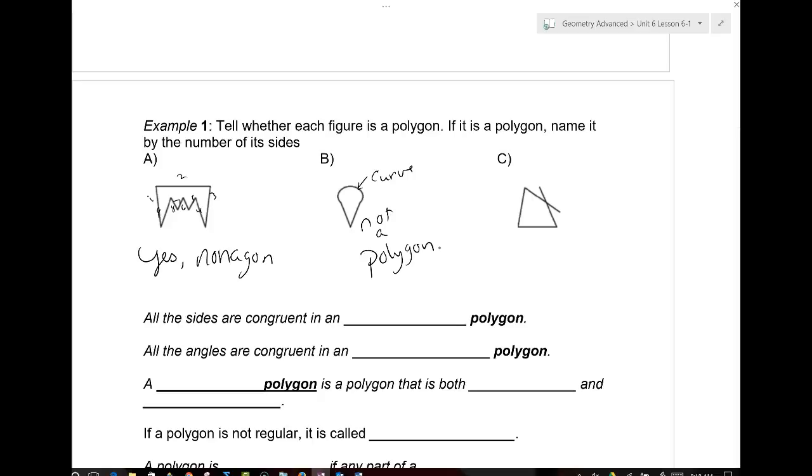What made this figure not a polygon? If you got rid of those two extended line segments, would I then have a polygon? But because they just extend out like that and they're not sharing a common endpoint, it's not a polygon. Now, is there a polygon within that figure?